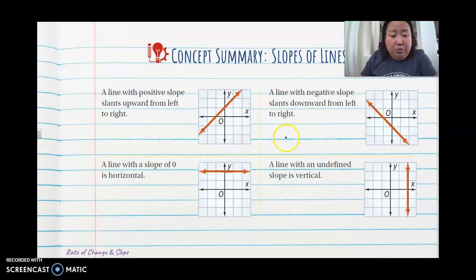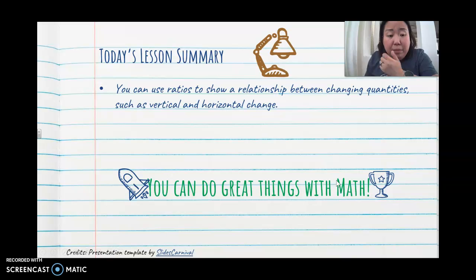So just remember those two. And of course, we have mentioned this already from the previous slide: 0 is the slope for horizontal lines, and vertical lines have undefined slopes. So to summarize, you can use ratios to show the relationship between changing quantities, just like the vertical and the horizontal change. Thank you.